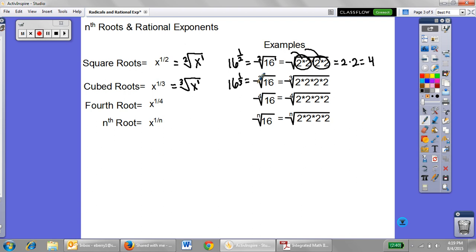And again, we can see the 3 here, showing the cube root, and the 1 on the top is really here, 16 to the power of 1. Cube root means we're circling a group of 3, and we can only take it out if we see 3 of the same number. So I circled 3 2's. I bring that 2 out, and I can write cube root of 2.